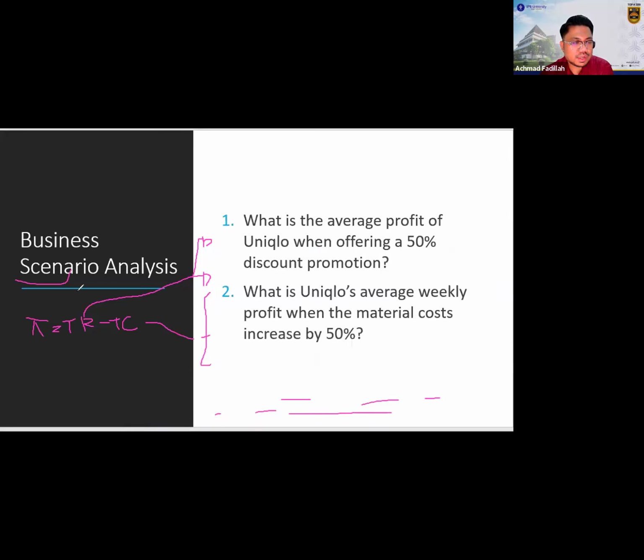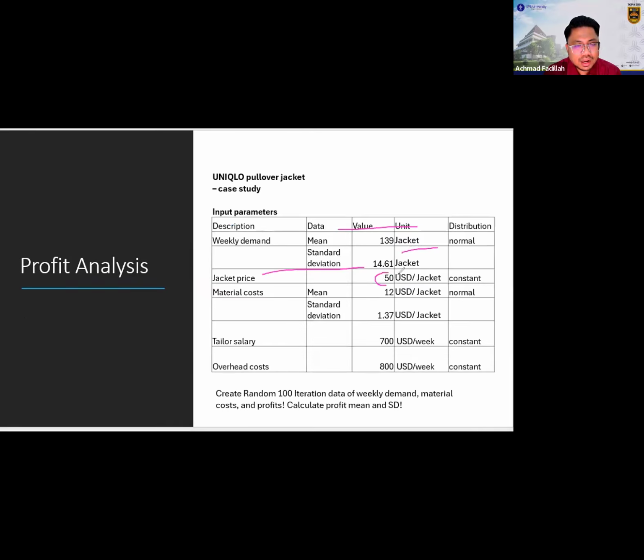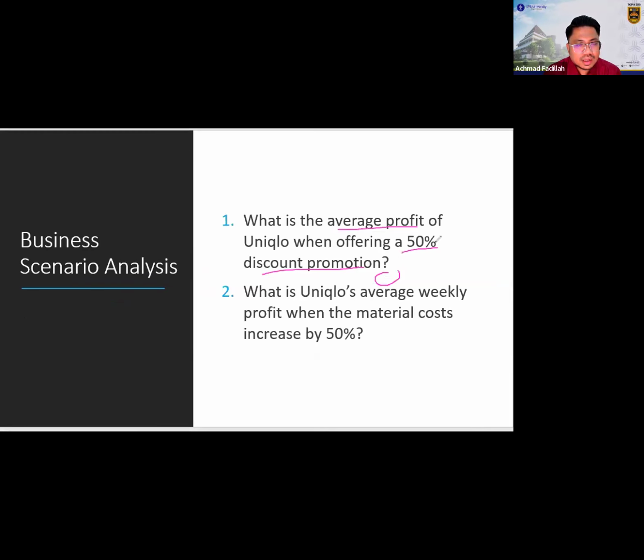Okay, and then you can even have a business scenario analysis here. I will clear these notes first. First, you can get the outcomes of the profit if Uniqlo offers a 50% discount promotion. Previously we had the price here, and Uniqlo has a promotion of 50% discount on the jacket.